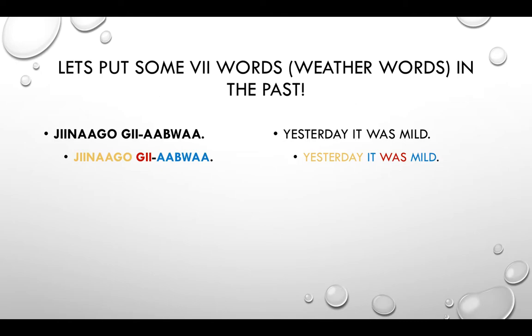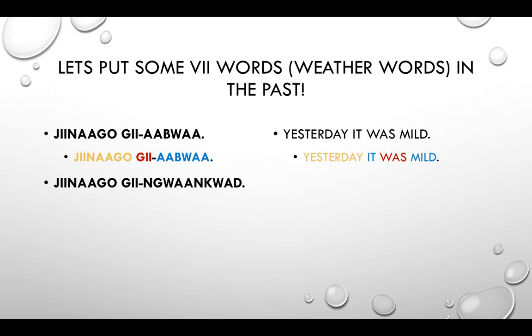Jinaga, yesterday. Gii makes it past tense. So instead of it is mild, gii puts it in the past, which changes the English to yesterday, it was mild. And the blue is just related to the verb, it being mild.